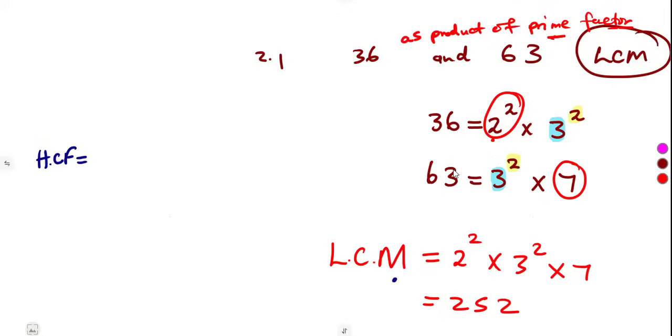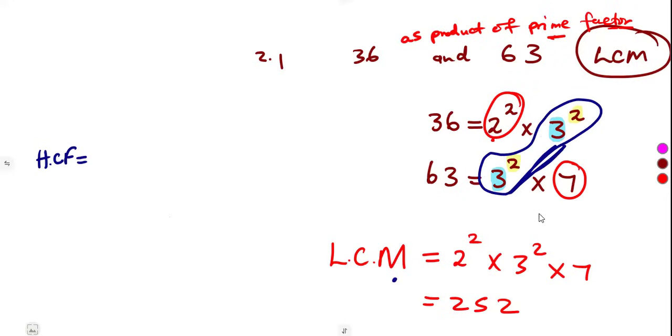So you just look: is 2 common? 2 is not common. We just have it here, and on this one there's no 2. Is 7 common? No, we do not have it here. So these 2 are totally out when you consider the highest common factor. 3 is common. We can see it on both.